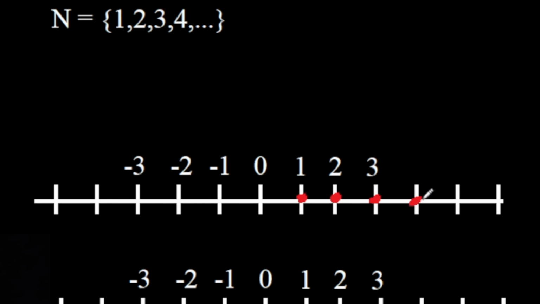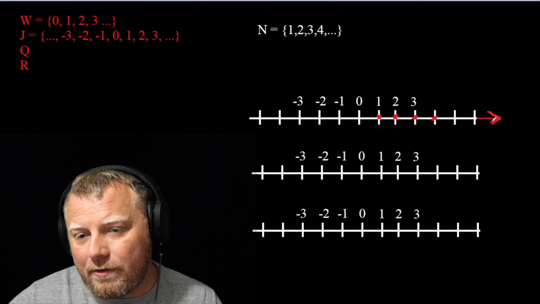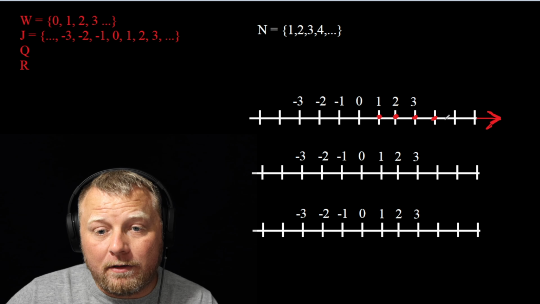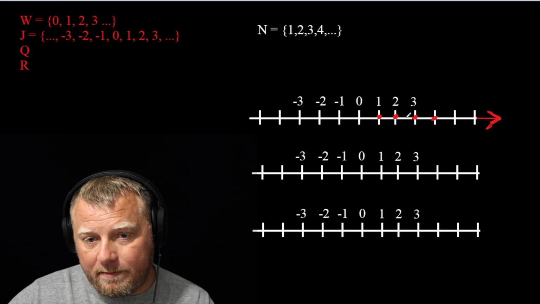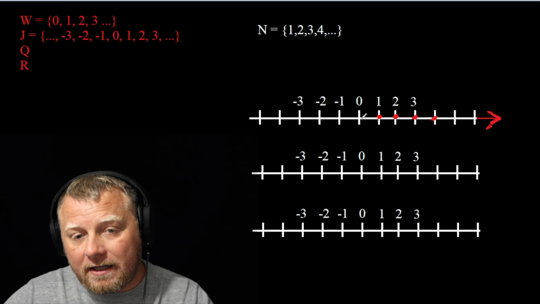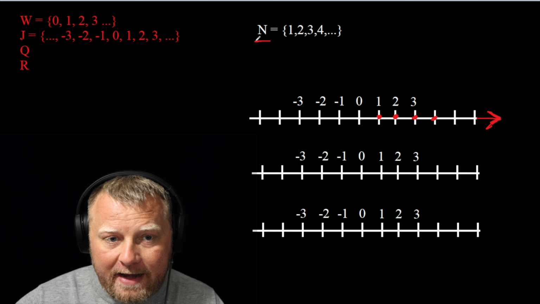You can denote this goes on forever with a fat arrow if you'd like, but you can't possibly put the dot on each and every one of these, so it's not very practical. But that's what it looks like if you were to visualize it: a dot on every single number, but not including 0. It doesn't include 0, and it doesn't include negative numbers. So that was the natural numbers.